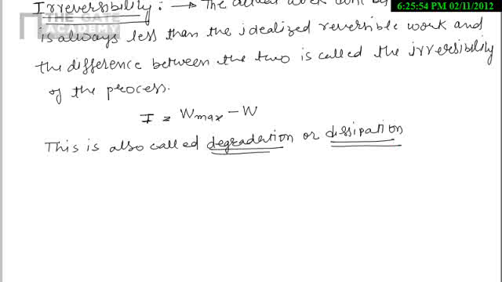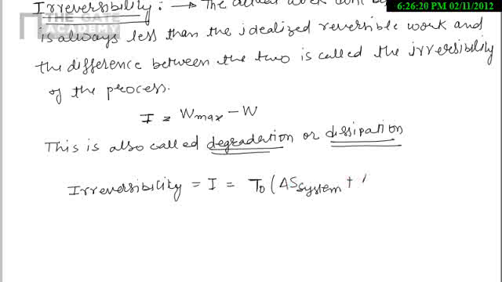Now I will give the formula for calculating the irreversibility. There is a very simple formula. Irreversibility, denoted by I, equals to T naught into (change in entropy of system plus change in entropy of surrounding).